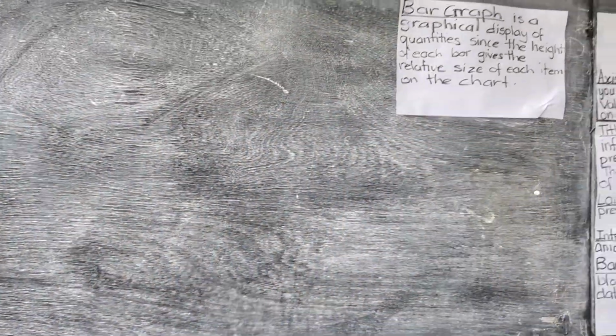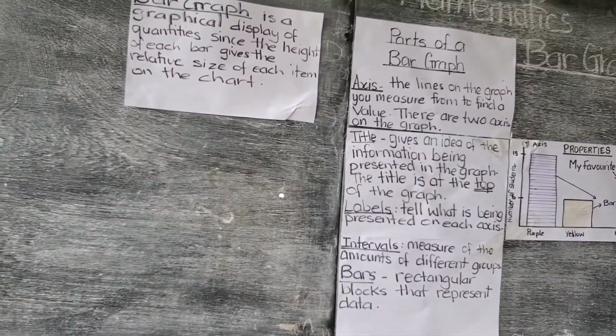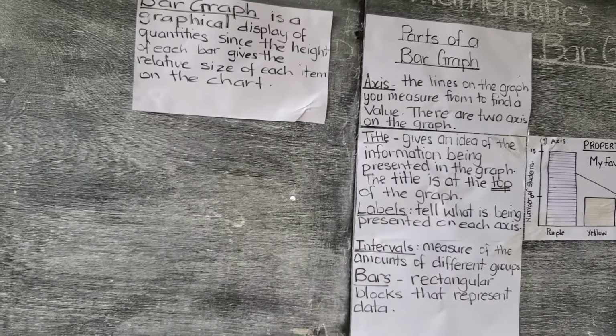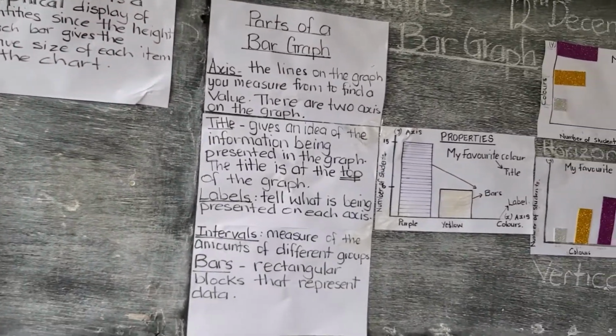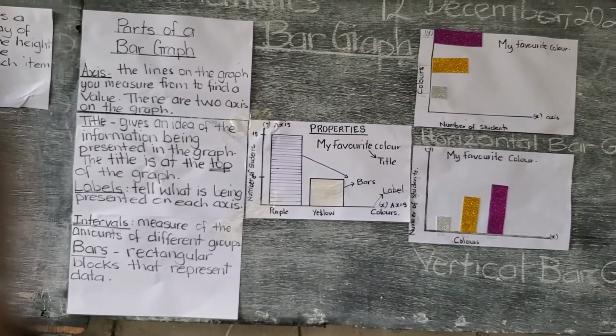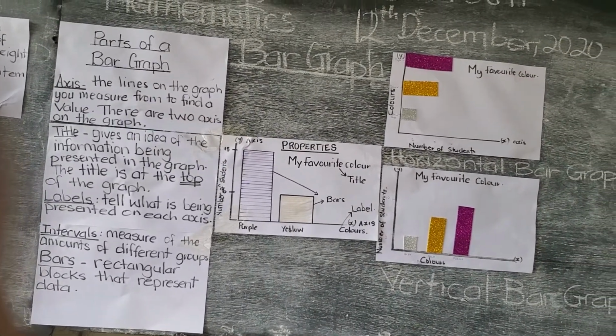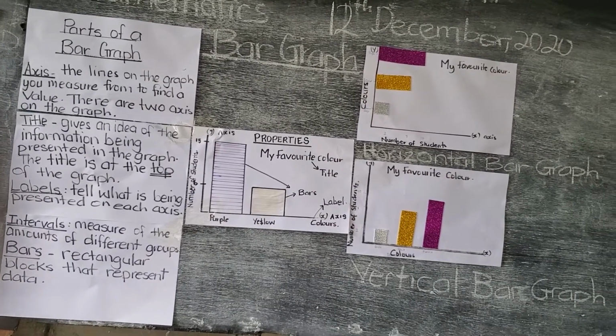All right, let me pass out the worksheets. Go ahead and look at it there. You have a bar graph that has already been constructed. All you need to do is to answer the questions based on that bar graph. Okay, students?